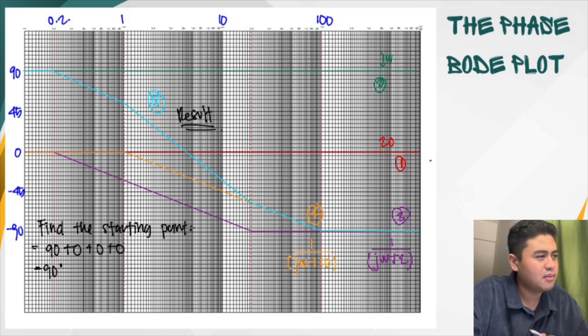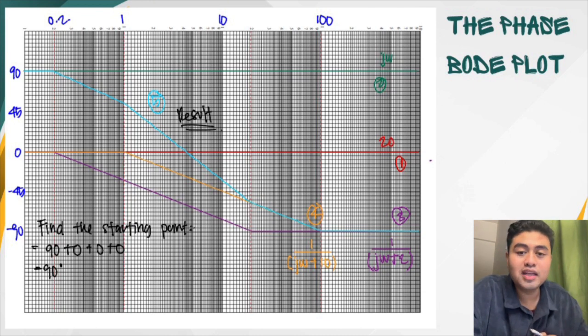As we can see at the bottom of the slide, to find the starting point, it is 90 plus 0 plus 0, you get 90. So the starting point will be at 90.